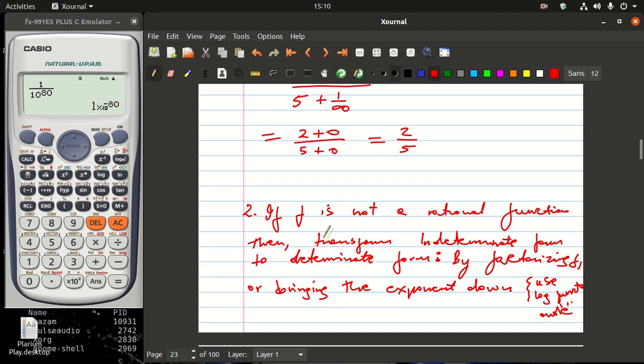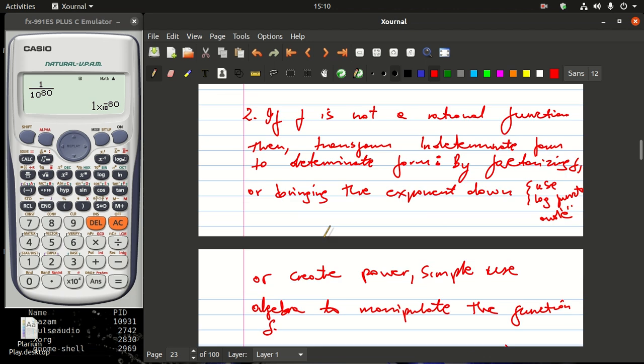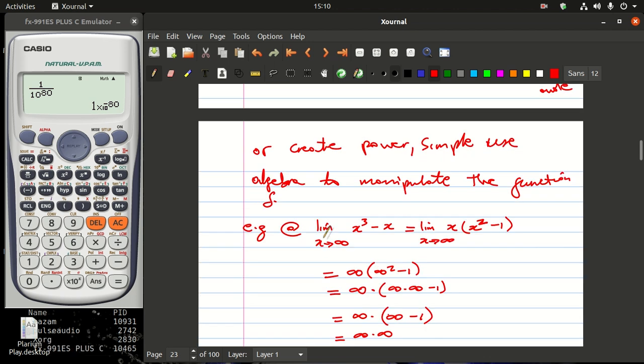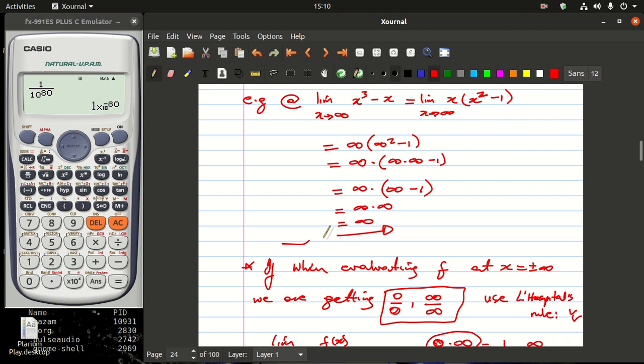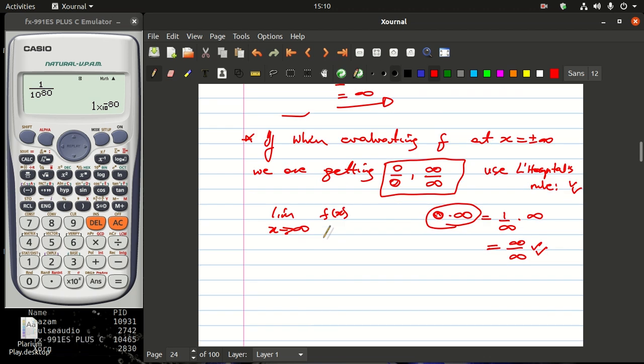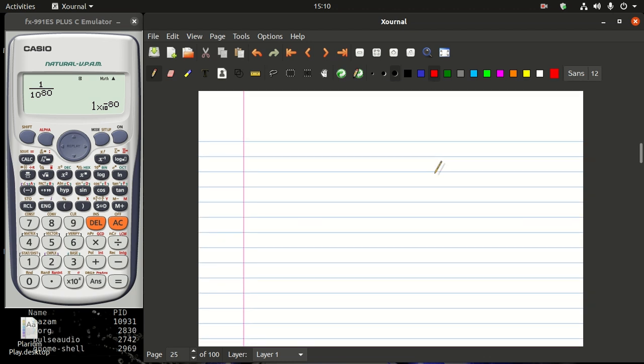If that cannot be done, then manipulate the function so that it becomes a determinate form. You can do that by factorizing or bringing down the power or recreating the power. If that also cannot be done, then you can manipulate this to fit this or that and use L'Hopital's rule. Let us take some examples, and after those examples we can call it a day.